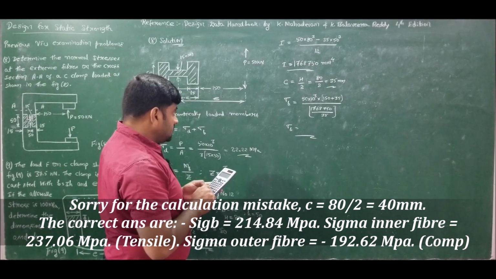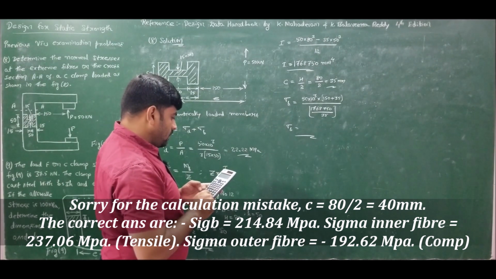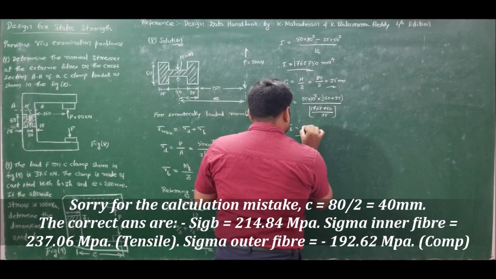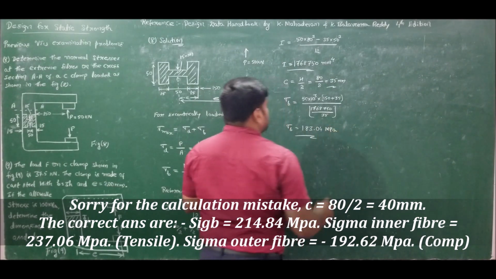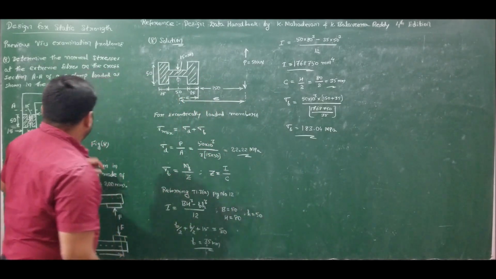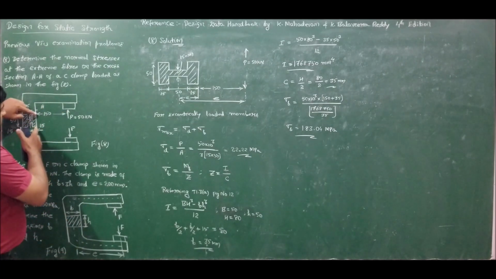This is divided by 1768750, area moment of inertia. So bending stress will be equal to 183.04 megapascals.